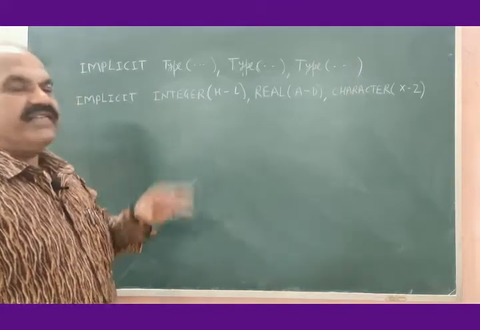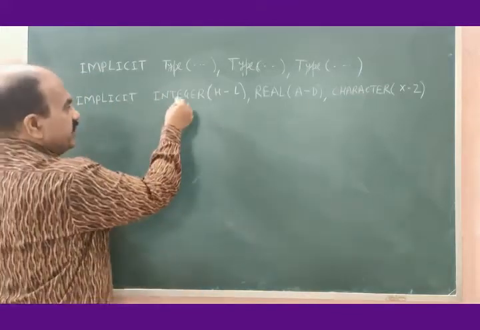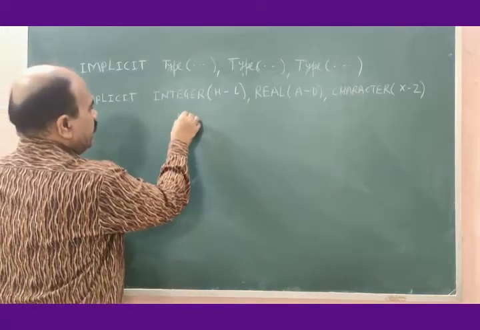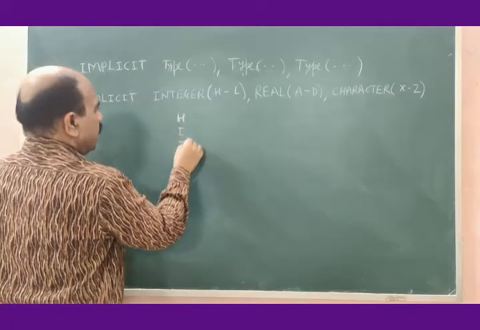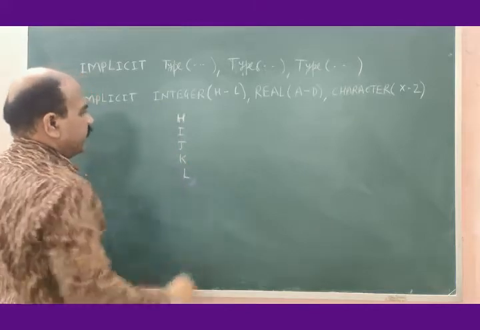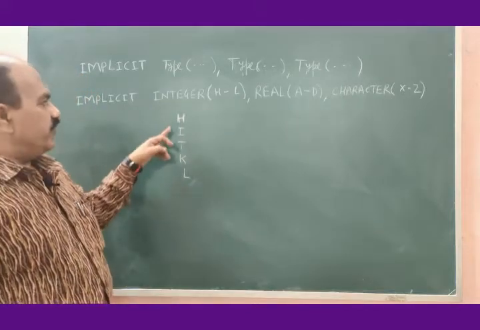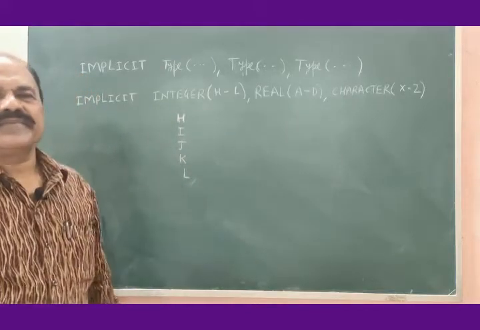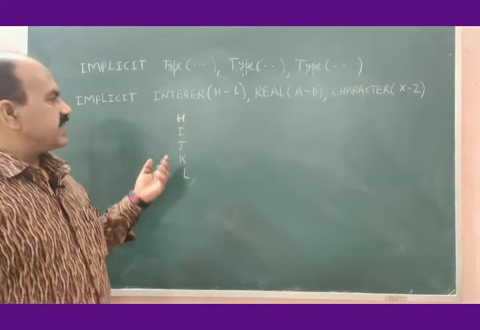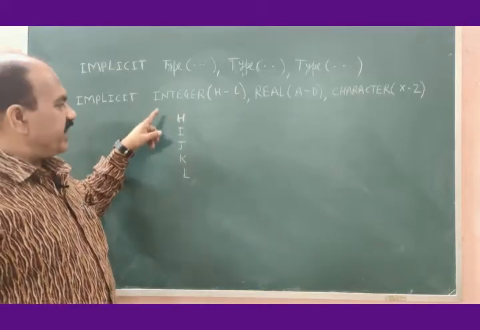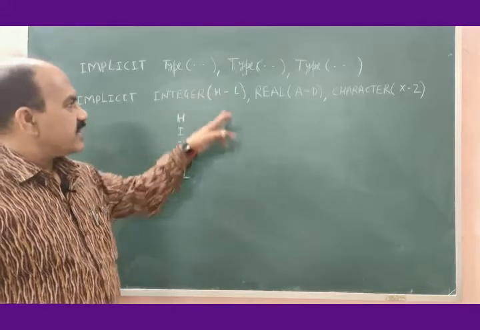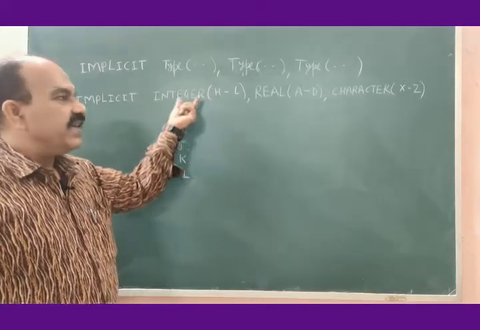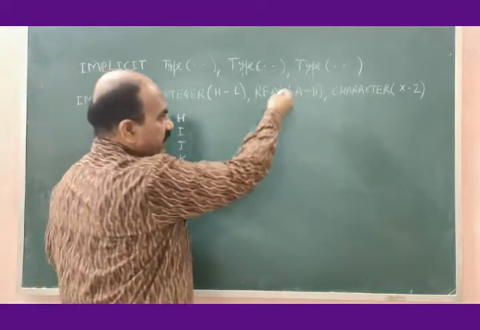Now, what are integer variables? All the variables starting with the alphabets H, I, J, K, L are integer variables.